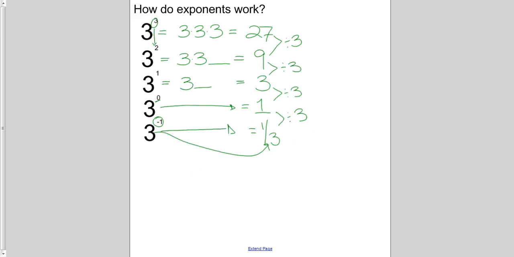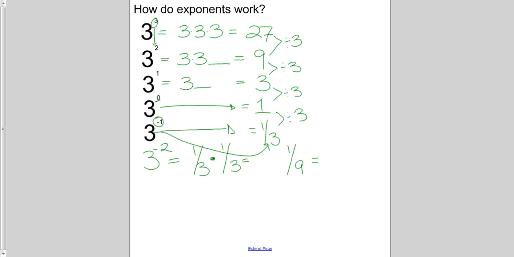Using that, if we move on and look at 3 to the negative 2, we would expect to see the base on the bottom. And now, because it's 3 to the negative 2, we have 2 of those. So 1/3 and 1/3. And if you multiply those together, you get 1/9.